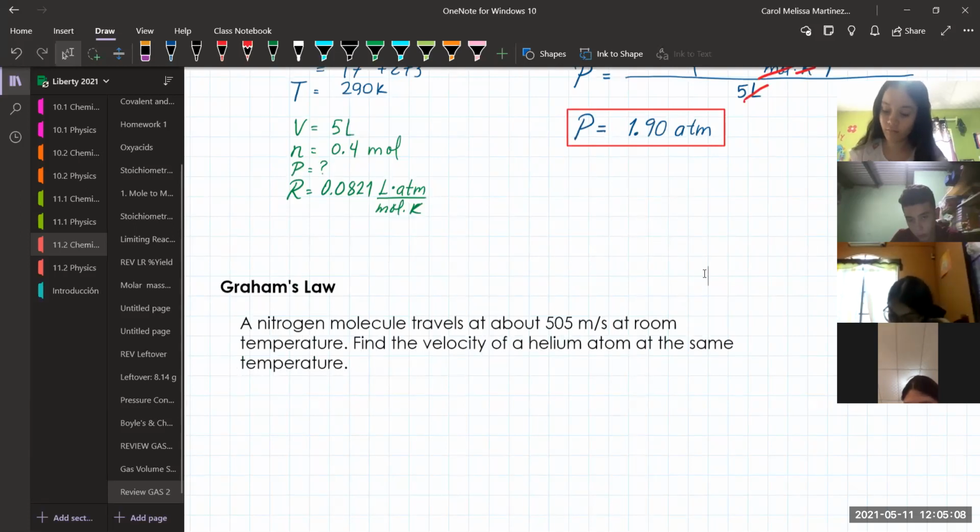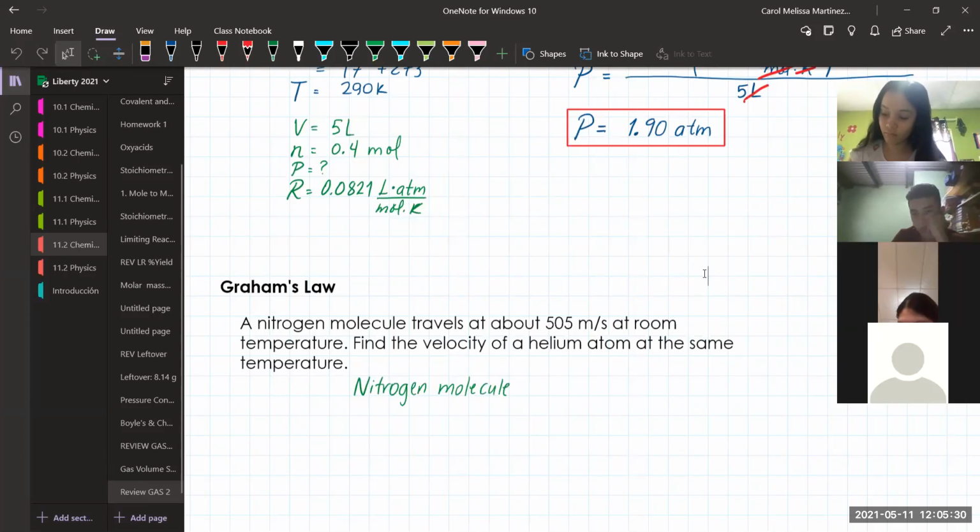Okay, so here I'm relating two gases. They are telling me nitrogen molecule. You have to read carefully because it's telling you a nitrogen molecule and they're asking you of a helium atom.